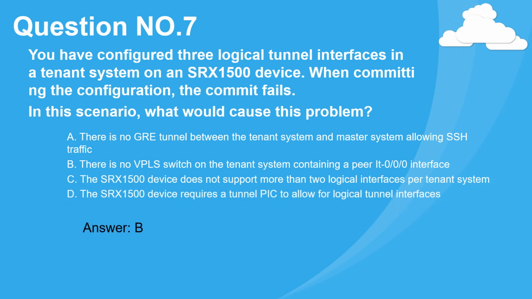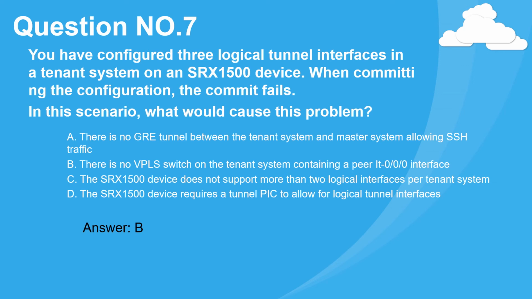Question number 7. You have configured 3 logical tunnel interfaces in a tenant system on an SRX1500 device. When committing the configuration, the commit fails. In this scenario, what would cause this problem? A. There is no GRE tunnel between the tenant system and master system allowing SSH traffic.